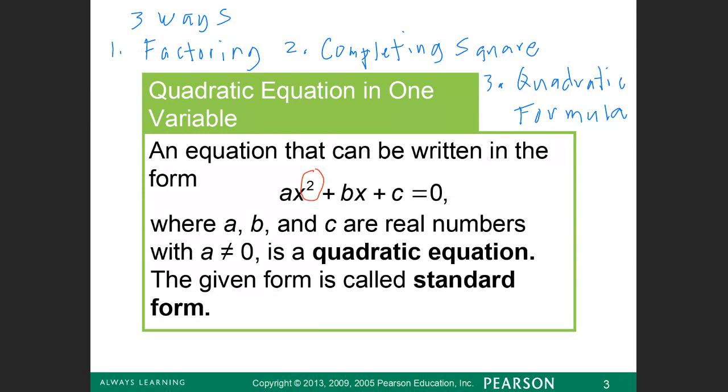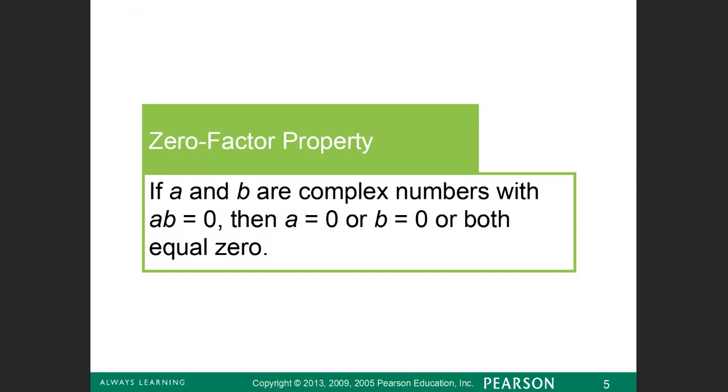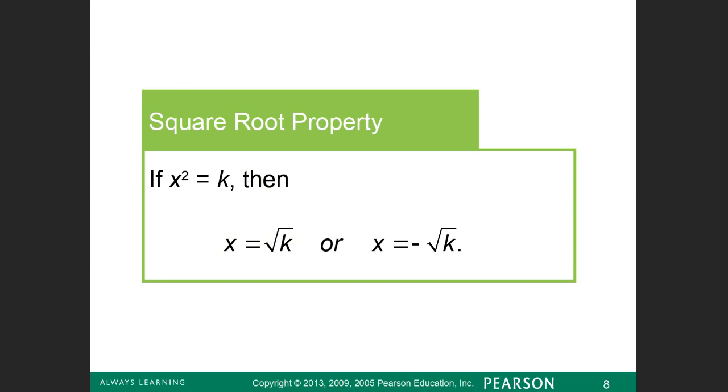So when you do factoring, I'll just show you the property you use for factoring. You need to know the zero factor property. That's the one you use in order for you to find the x value. And then here's another property.